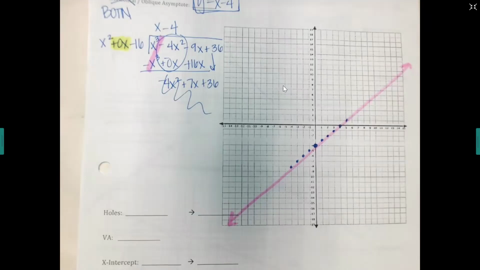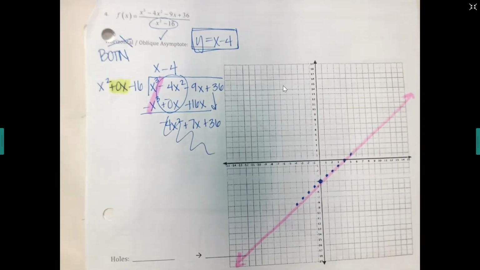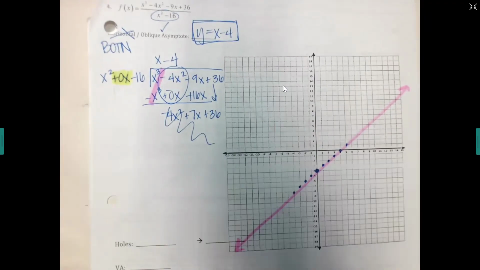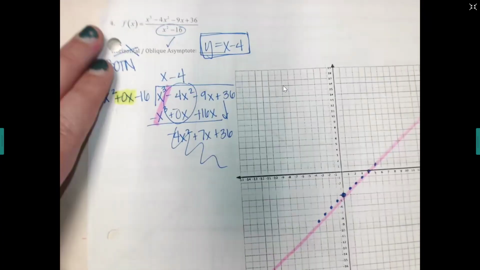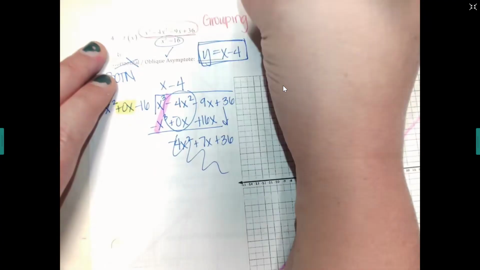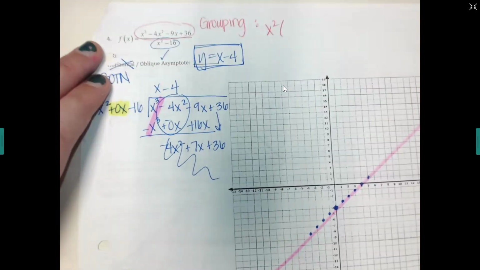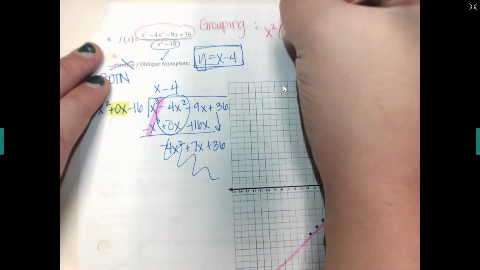All right, now for every other feature, you have to be able to factor. Will you take a look at the top and tell me what type of factoring I am going to have to do on top? It's all of our least favorite. Grouping. Very good. So out of the first two, what can I take out? X squared. What's that going to leave behind? X. Very good.